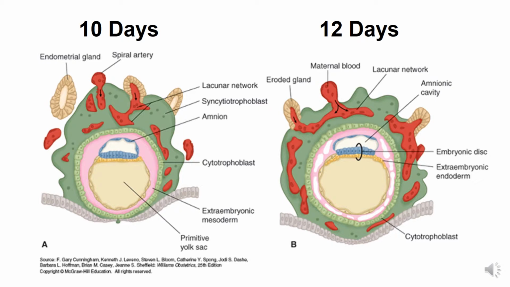This is the yolk sac. These are your cytotrophoblastic cells. These are your syncytial trophoblastic cells. And this is the lacunar network that allows for exchange of gases between the fetus and mom. And so maternal blood is flowing through this network.